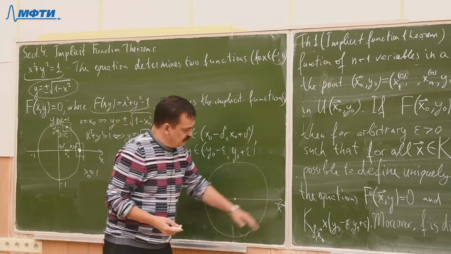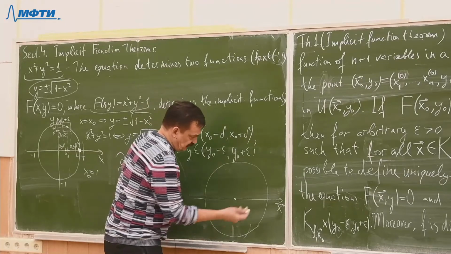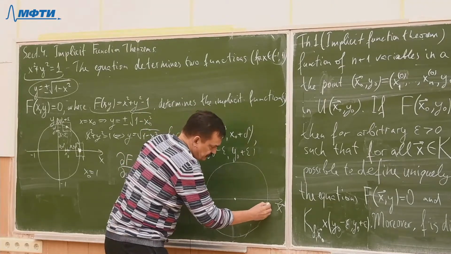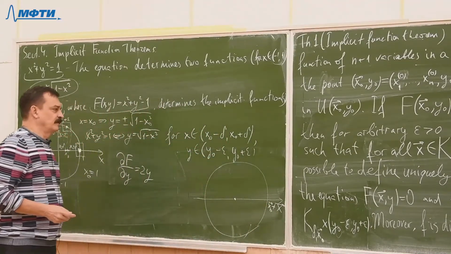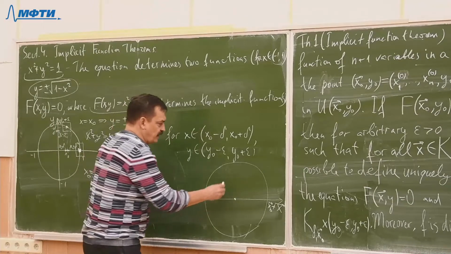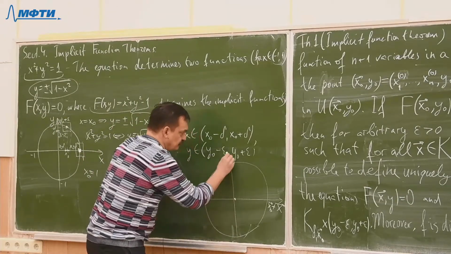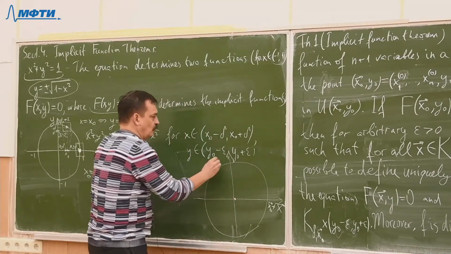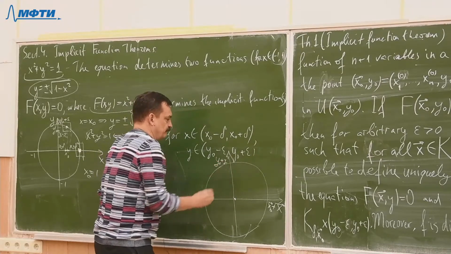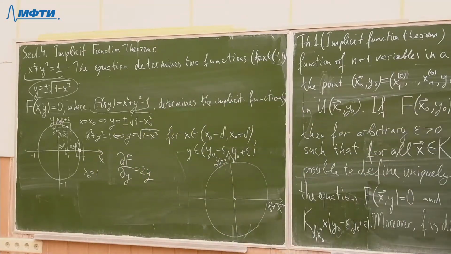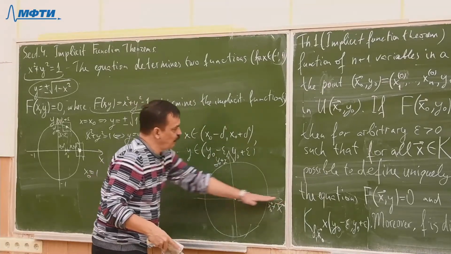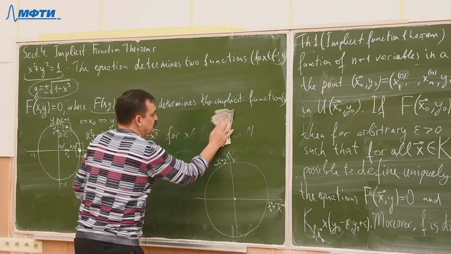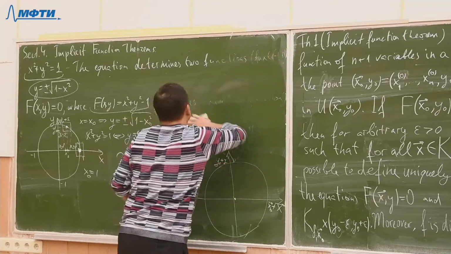But that is a parallel, right? So let's say x naught plus x, and here we have y naught plus y. Roughly speaking, imagine that the n variables are like one variable, and y is the second variable.